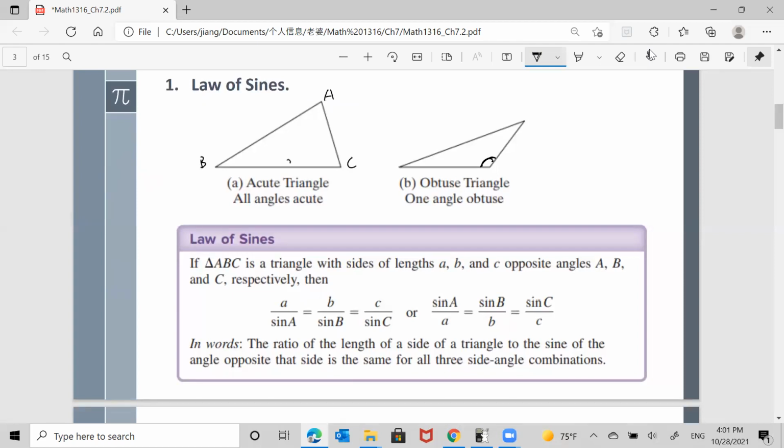So the relationship is a over sine A equals b over sine B equals c over sine C. Or you can take the reciprocal: sine A over a equals sine B over b equals sine C over c.